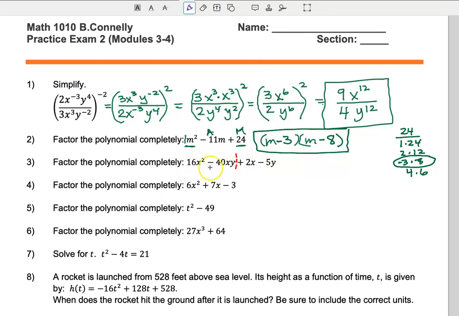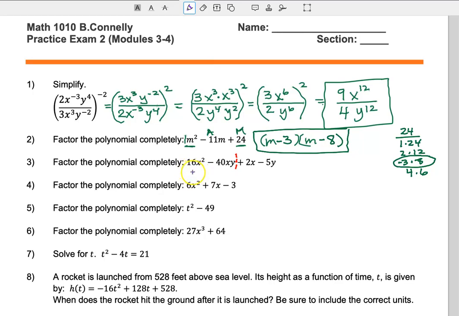Okay, so what is my greatest common factor between 16x squared and negative 40xy? What's the biggest thing that can divide into both? 4x. Yep, 4x will, but there's one number bigger than that can go in.